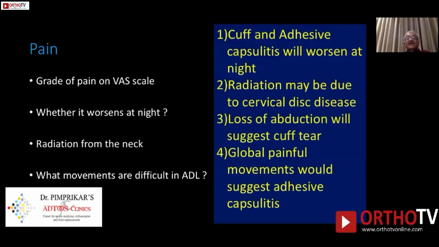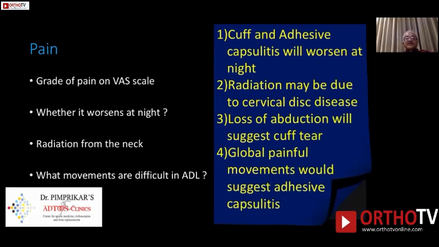For example, if the patient's pain worsens at night, then a probable condition the patient is suffering from could be a cuff disease or adhesive capsulitis. If the patient has radiation, it could be due to a cervical disc disease. Loss of abduction will suggest a cuff tear, and a global painful movement would suggest adhesive capsulitis, which could be either due to diabetes or a secondary adhesive capsulitis due to rotator cuff disease.